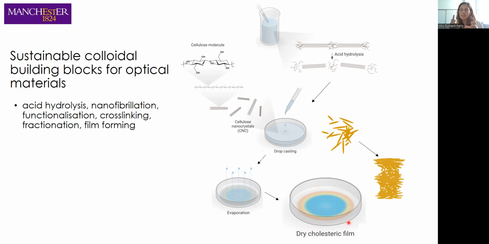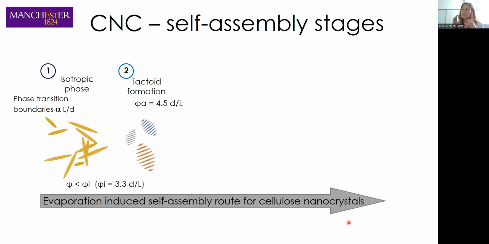The reason for that is because we have rod-like particles, and when you have a very dilute suspension, we accept it as being in an isotropic phase. But there are so many stages of the self-assembly, and this is also like other things in biology and in nature.